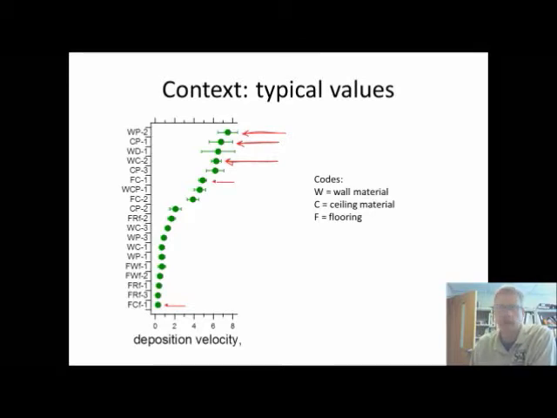Wall paints, typical latex wall paints, are slightly higher reactivity, but not much higher. Here and here. This one at the top is an exception, but that was not a latex wall paint. So that gives you a little bit of context for the values of the deposition velocity.